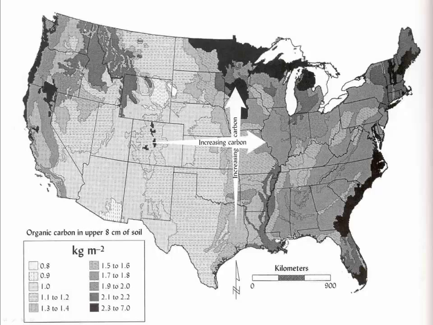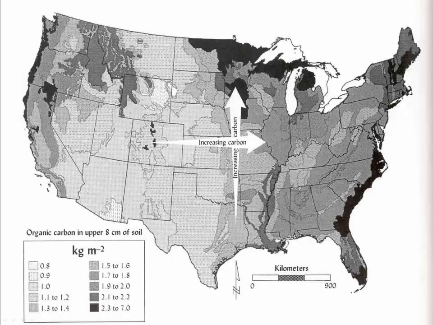High elevations also have more carbon than lower elevations. So more moisture along the west coast and at high elevations in the Rockies, and then more moisture as we go from west to east and we pick up moisture, and that ends up with higher carbon in those areas.